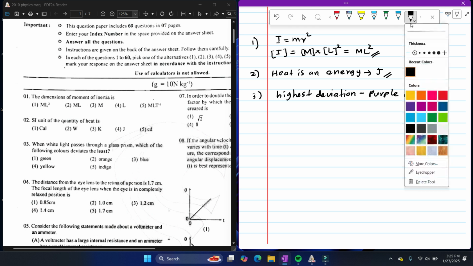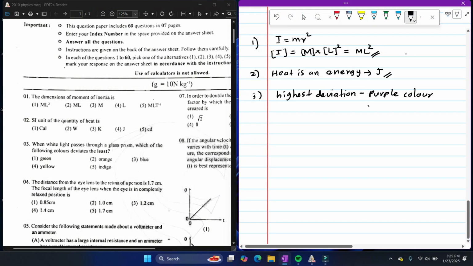I better reduce the thickness. And the least deviation is shown by red color. The deviation of the remaining colors can also be compared.